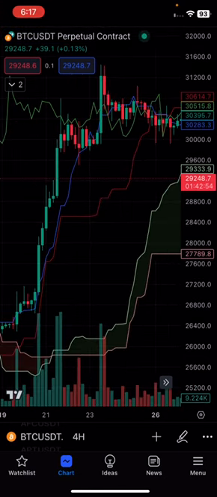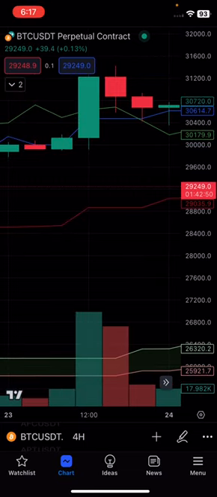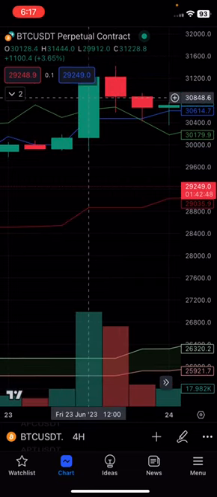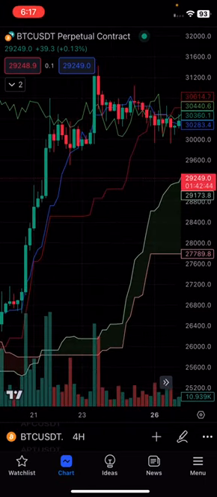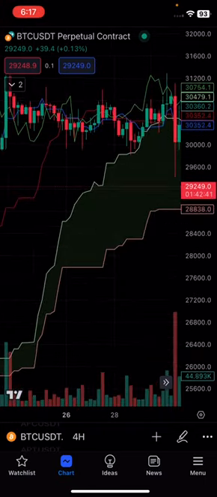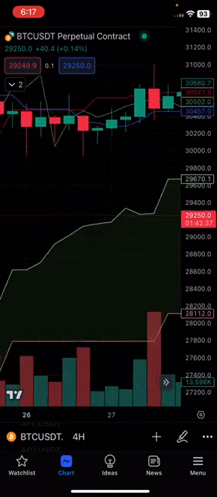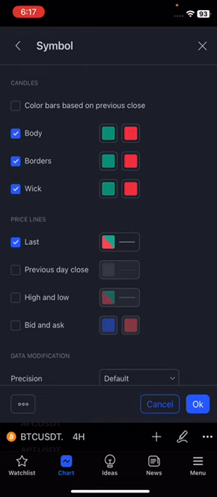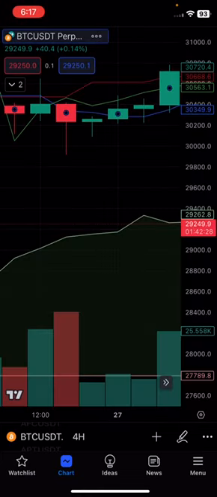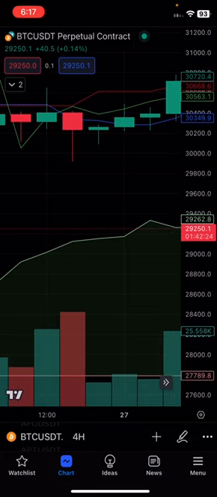So I could have exited on this red candlestick that you see here, and then I could also exit when the blue line crosses below the red line. So you can see that here the blue line crossed below the red line.